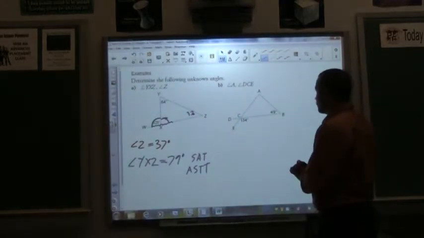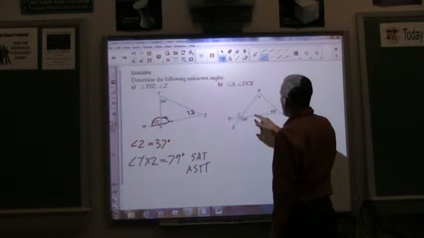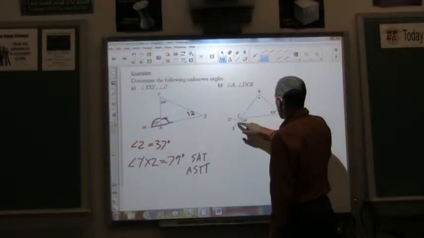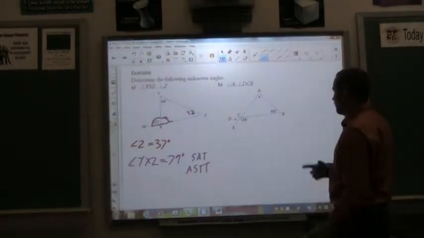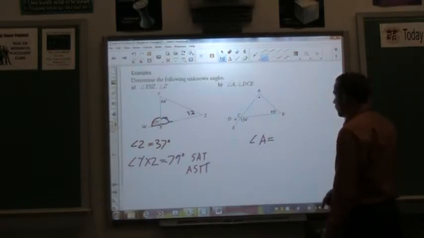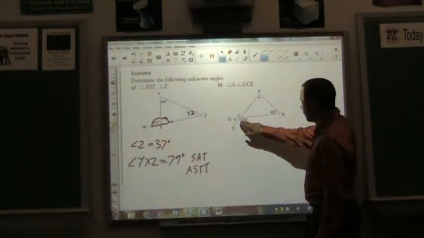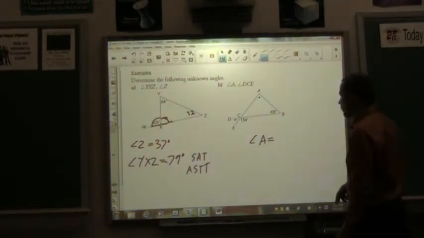All right, next one. They want angle A, so this one up here, and they want DCE, this one right here. So let's start with angle A. Once again, I have an exterior angle that has to be the same as these 2 interior angles.